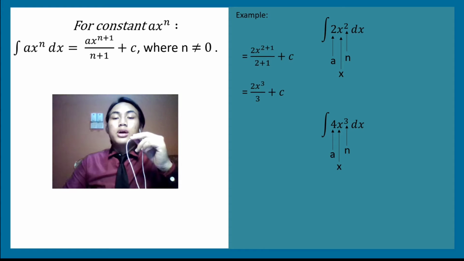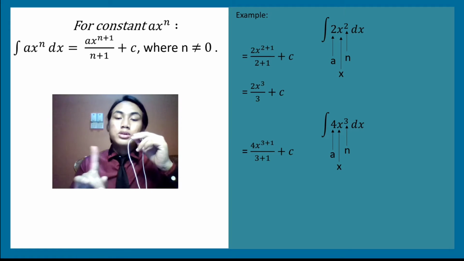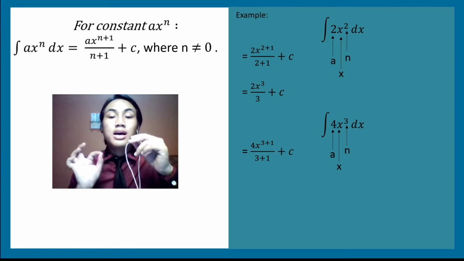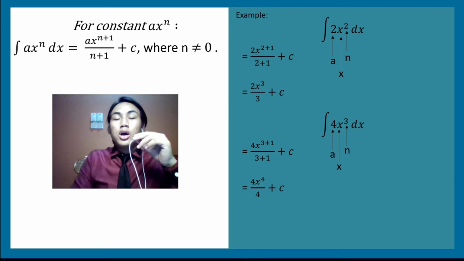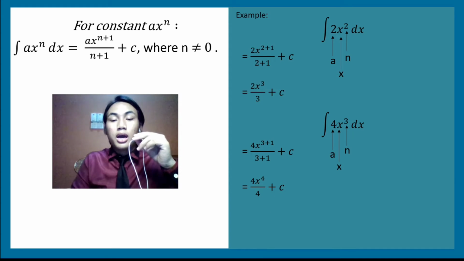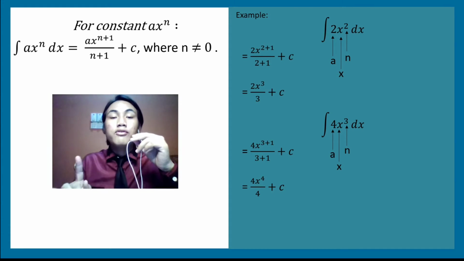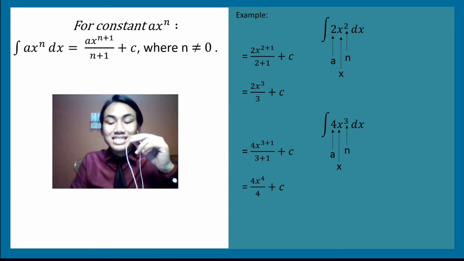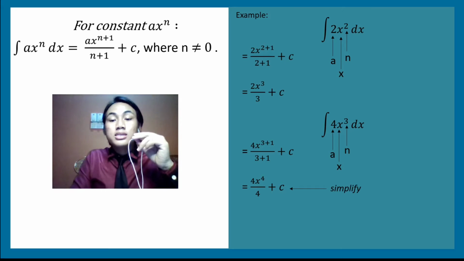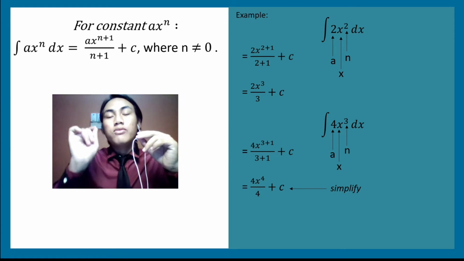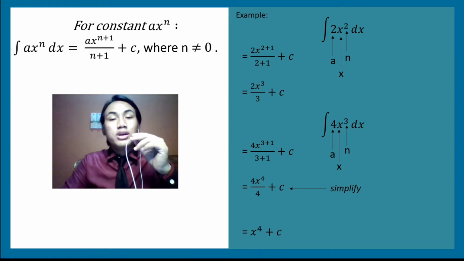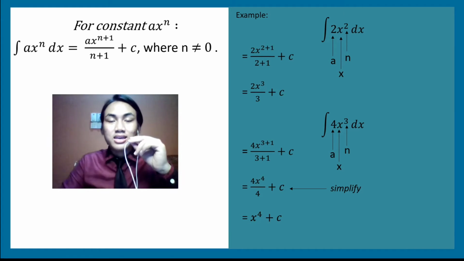Following the formula, we get 4s to the power of 3 plus 1 over 3 plus 1, plus c. Adding the numbers, we get 4s to the power of 4 over 4 plus c. Simplifying 4 over 4 gives 1, and the final answer is s to the power of 4 plus c. That's it.